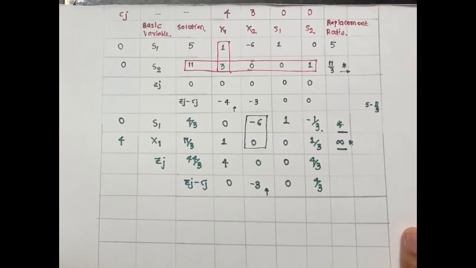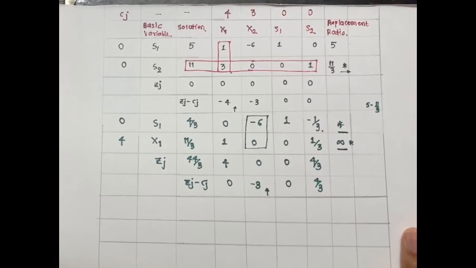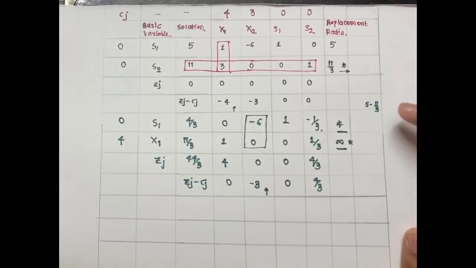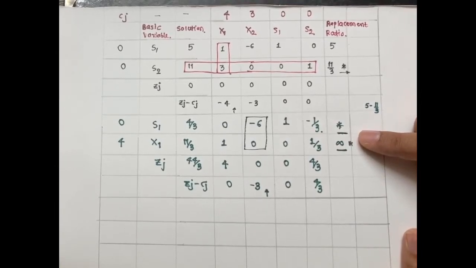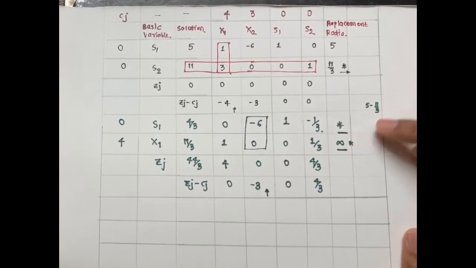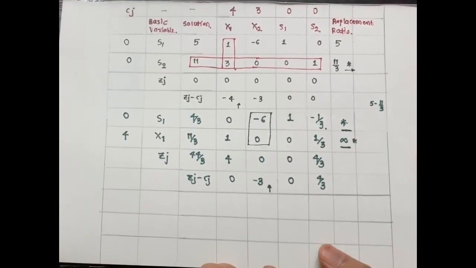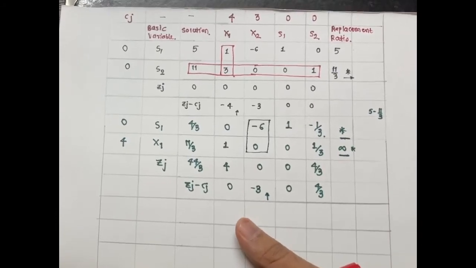So that is the liable element which should enter, but you don't have any variable which leaves the solution. Whenever this situation arises in a simplex table, it indicates that the solution is unbounded. So this is another special case of the simplex method.